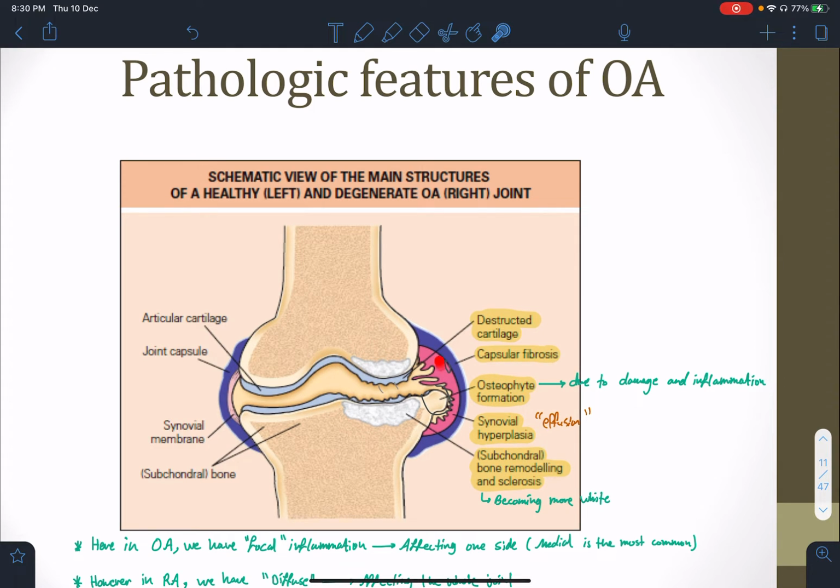In osteoarthritis, focal, like in one side, you have destructed cartilage, and you have capsular fibrosis and osteophyte formation. Osteophytes cause an effusion and pressure, increasing the synovial fluid on the synovial capsule, so that's going to cause swelling and maybe could cause pain.